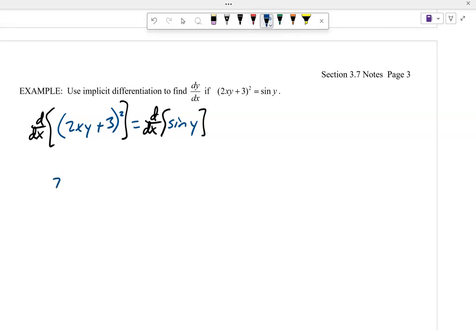Well, we've got to run the power rule. 2xy plus 3. Now it's to the first power, but we've got to take a derivative of the inside here. So I'm going to think about this as 2x times y. So derivative of the first times the second plus the first, derivative of y is 1 dy/dx.